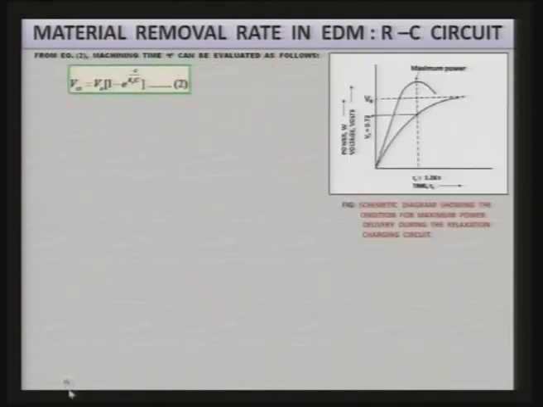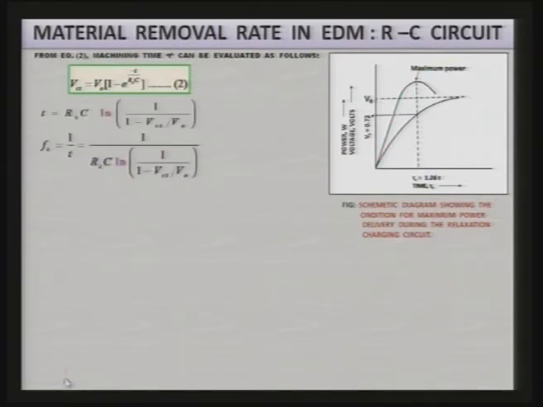This is the relationship we already know, V c t equal to V 0 multiplied by 1 minus e raised to power minus t over R c c. Now, from this equation we can arrive at T equal to R c c ln of 1 over 1 minus V c t over V 0.